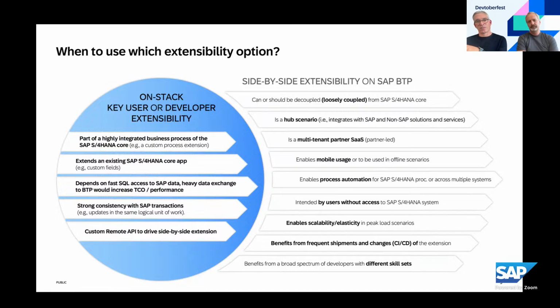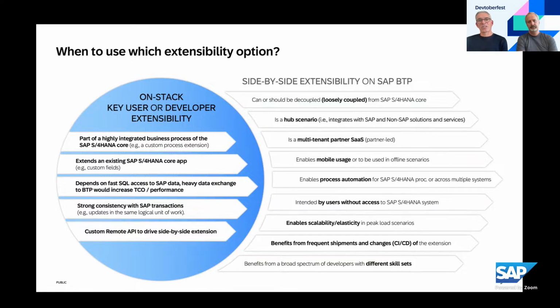You'd rather do this extension outside of S4, so on the BTP. To pick out another one, if you want to do a bigger mobile use case, you create these mobile applications on the BTP, not on S4. And you see there's a whole other set of reasons why to be on the BTP, but for time reasons, we don't go through all of them.